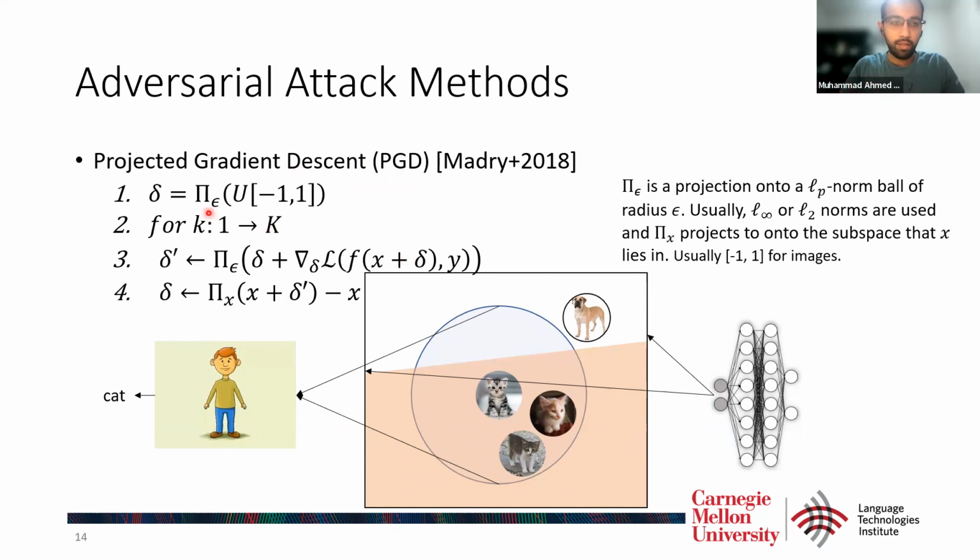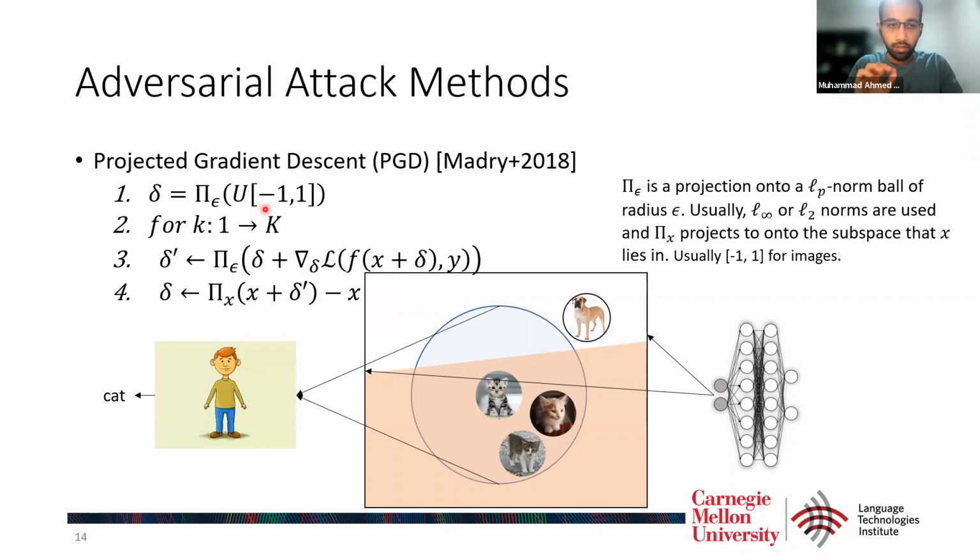So iteratively, for k iterations, the adversary is trying to maximize the classification loss. Keep in mind the word maximize, because generally we minimize the classification loss. When the classification loss is 0, that means that the data is being perfectly classified. When it's very high, it means that nothing is being correctly classified.